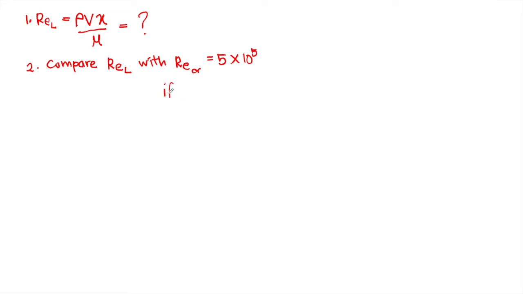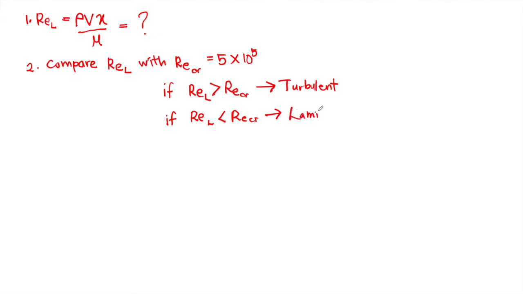If the Reynolds number L is greater than the critical Reynolds number, this flow is turbulent. Then if the Reynolds number L is below the critical Reynolds number, this is laminar. Okay?